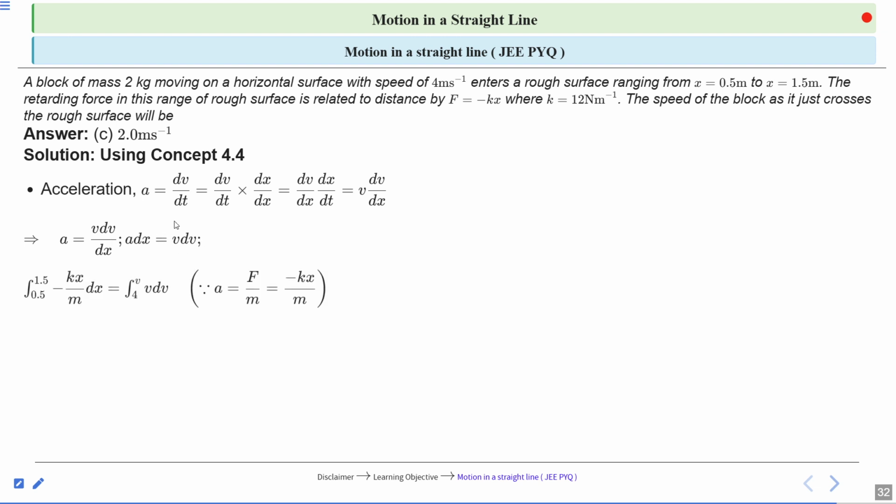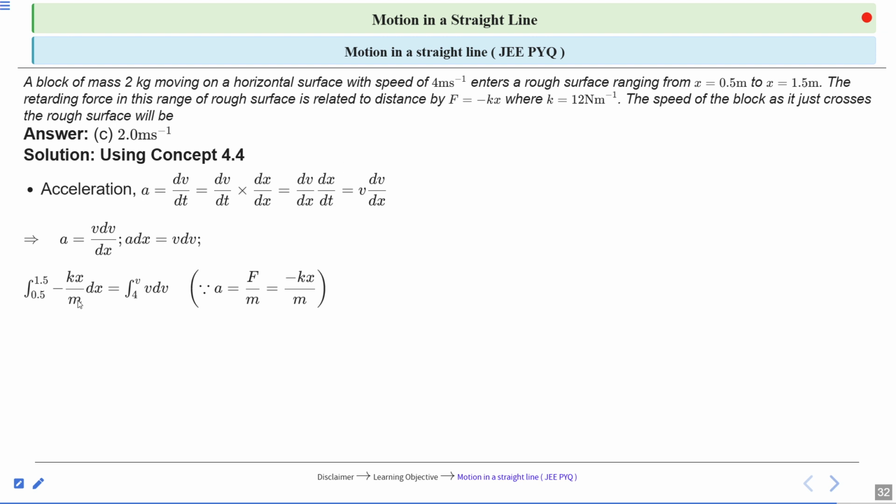So integrating both sides, LHS and RHS, the integration limit is 0.5 to 1.5 according to the question: the surface ranging from x is equal to 0.5 to x is equal to 1.5, and the value of F is equal to minus kx.